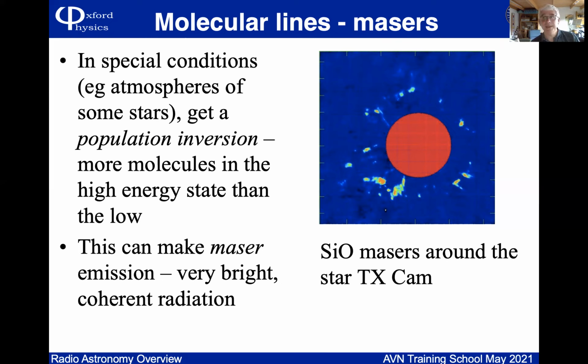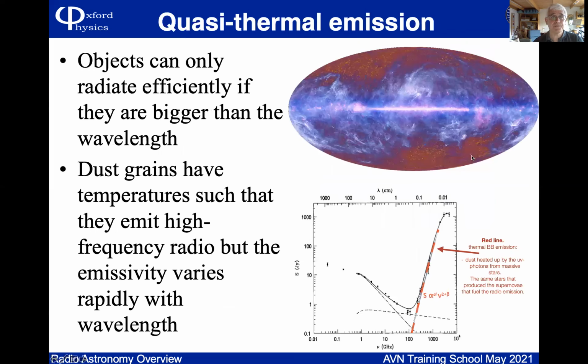You get stimulated emission, a cascade of photons, each tripping molecules into their lower state, and this makes very, very bright radiation. That's called a maser, the microwave equivalent of a laser. And you can see here an image where, behind this disk, there's a star, and these are essentially blobs in the atmosphere of the star that are producing this very intense maser radiation.